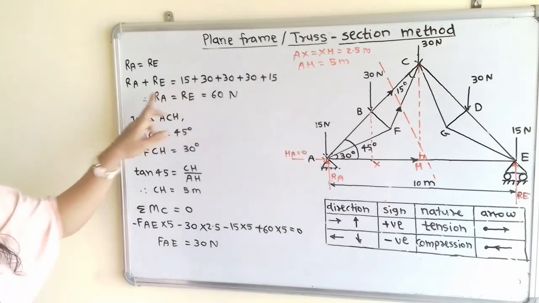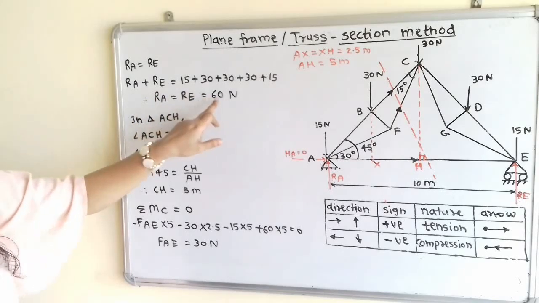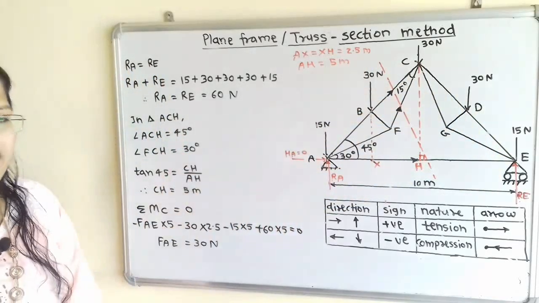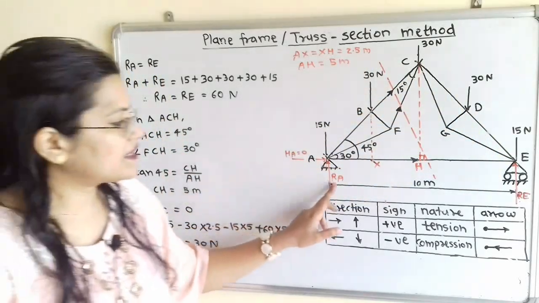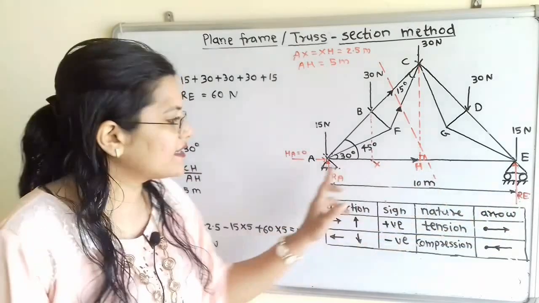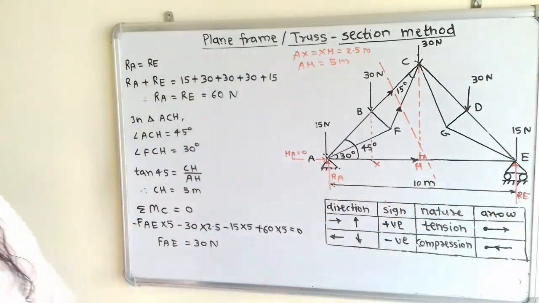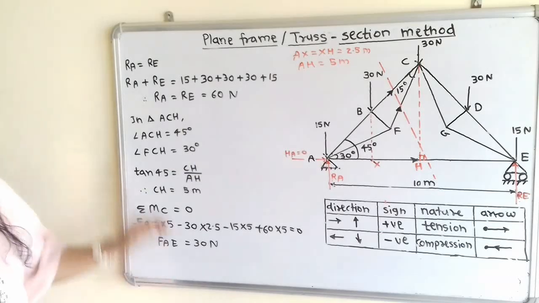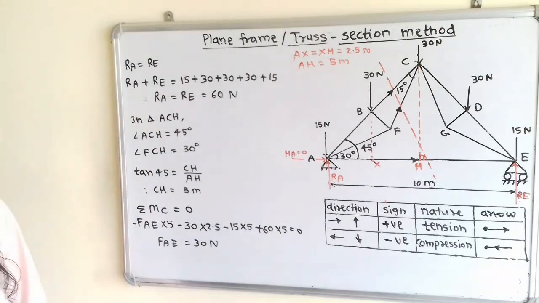So RA is equal to RE is equal to 60 Newton. This total load is 120 Newton and it is carried by RA and RE. So at each point the load is 60, and 60 plus 60 is equal to 120.